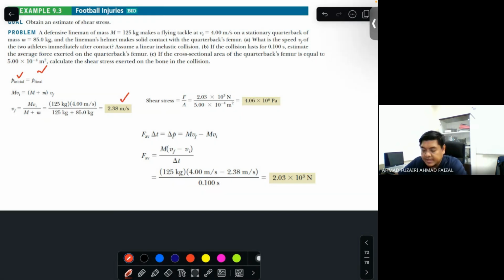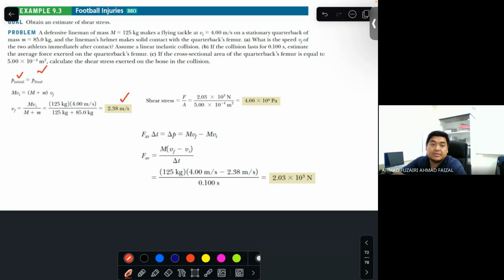Then at part B, if the collision lasts for 0.1 seconds, estimate the average force exerted on the quarterback's femur. That means you may apply some value here.